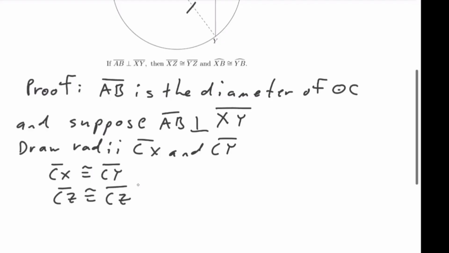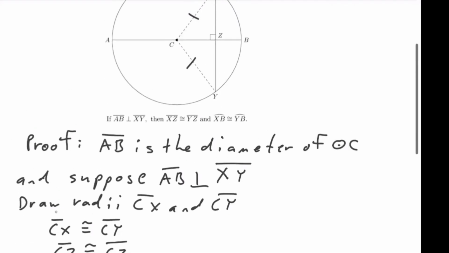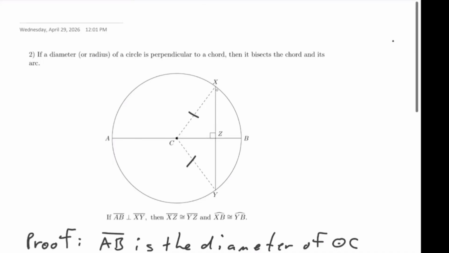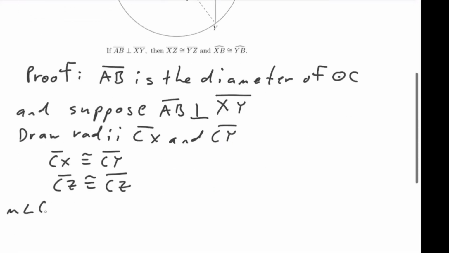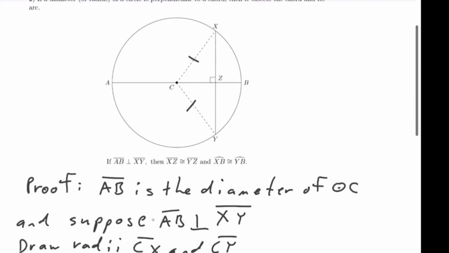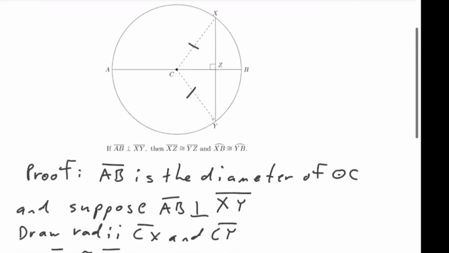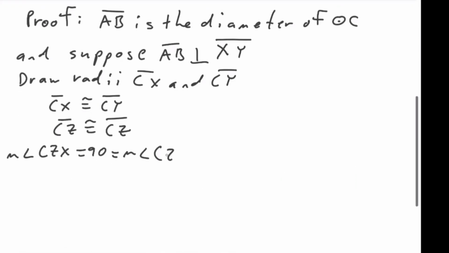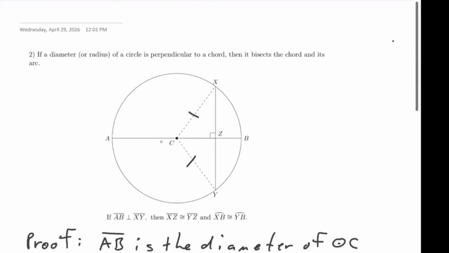And I know that both are right triangles, so the measure of angle CZX is equal to 90, which is equal to the measure of angle CZY. So these three things together by hypotenuse leg mean that triangle CXZ is congruent to triangle CYZ.